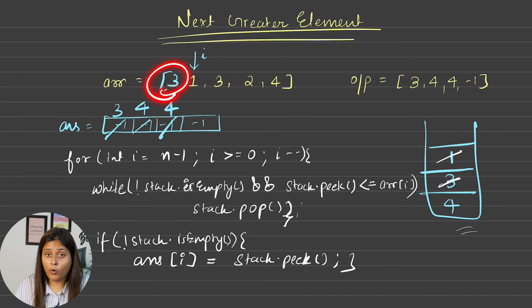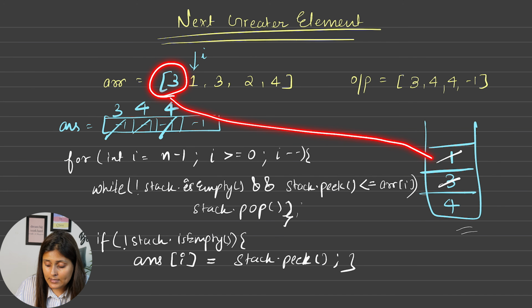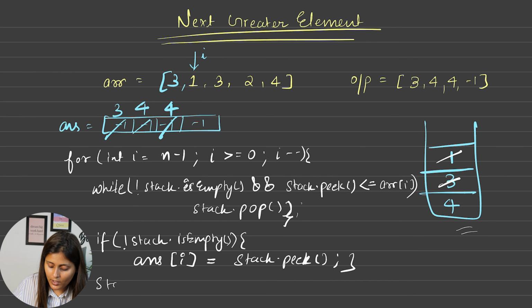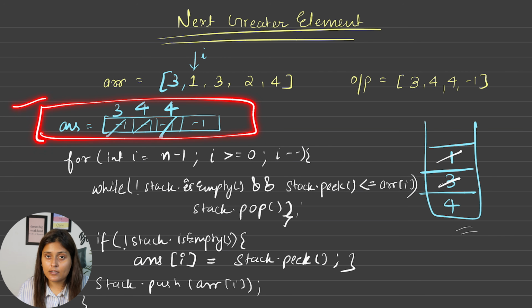Okay, now done. Now we would definitely like to add this 3 in my stack, correct? So we will do stack.push of this 3. This 3 is nothing but array of i, and after coming outside we can simply return this answer array.